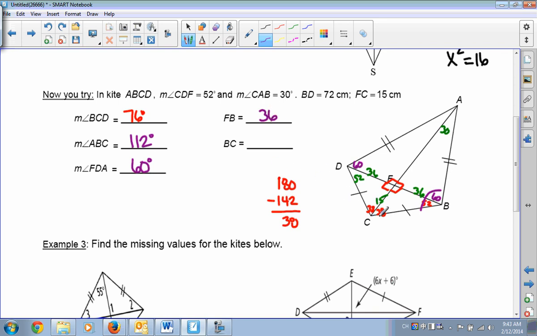And then BC, okay? We're going to have to use what? Yeah, because we have this triangle here. We have 15, 36, and we don't know what our C is. So 15 squared plus 36 squared equals our C squared. Or 1,521. 1,521?